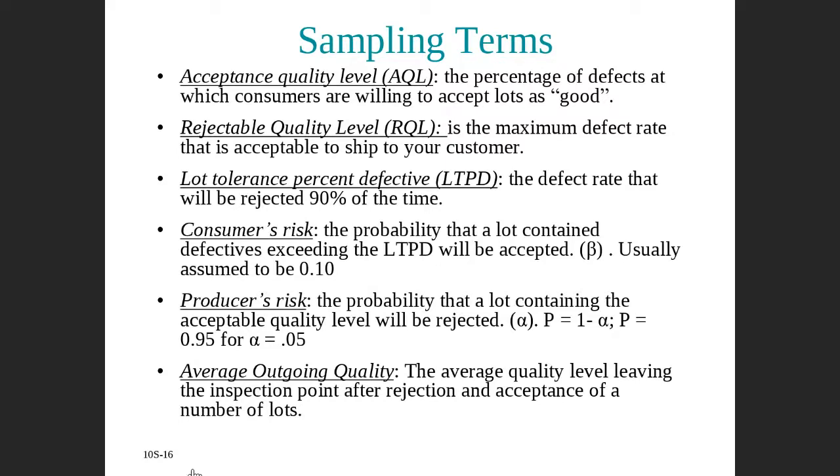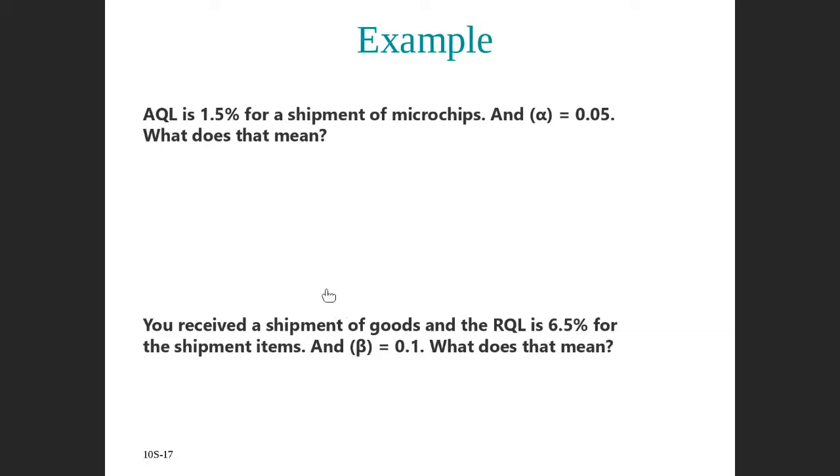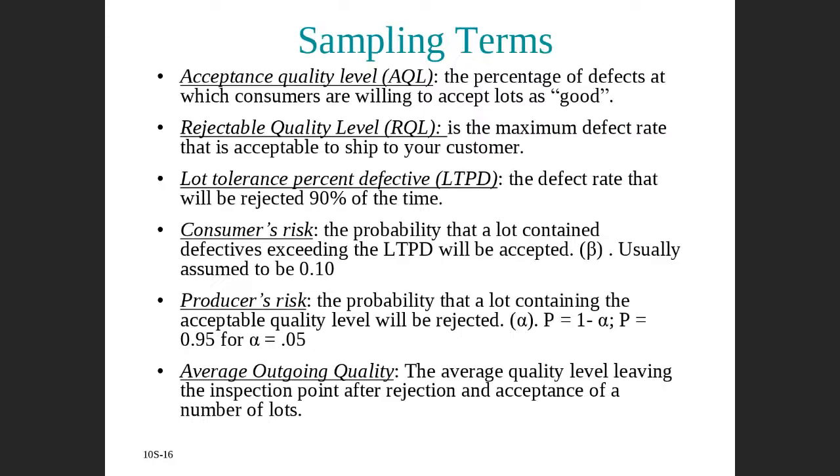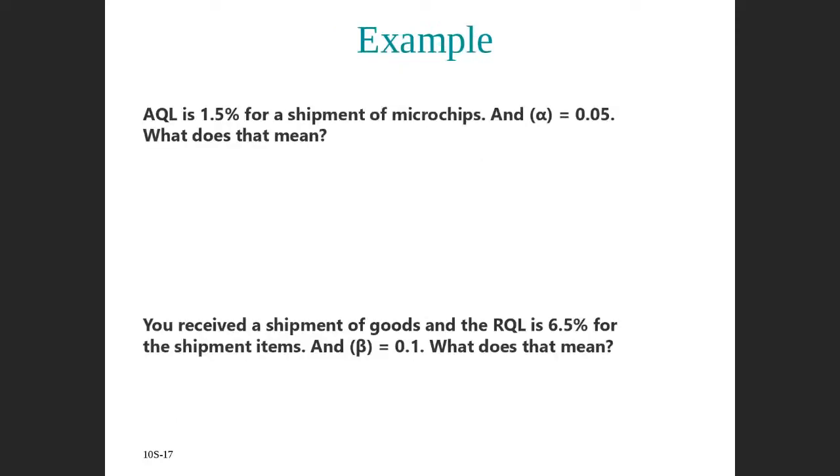When a question like that comes to you, you always refer to the definition of each of those terms. The AQL means the percentage of defects that is acceptable, and alpha is the probability that a lot containing acceptable quality will be rejected, and we refer to it as the producer risk. So how do we interpret this question?